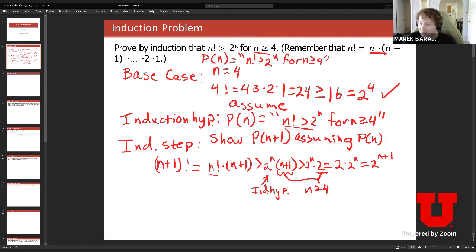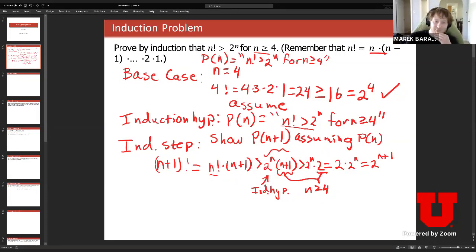So when, like the last bit, when you say something like greater than 2 to the n times 2. Oh, okay. That's just because of the way it was written here, so that it matches up, right? Does that make sense?